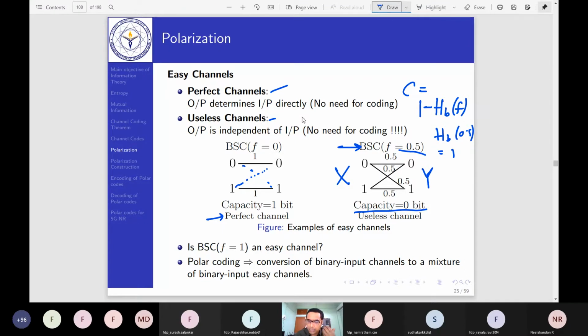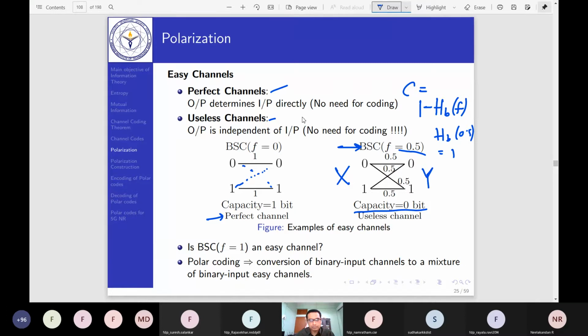If your output is completely independent of the input, you cannot devise any type of coding to reduce the error. So that means there is no need of coding. So this is one useless channel.